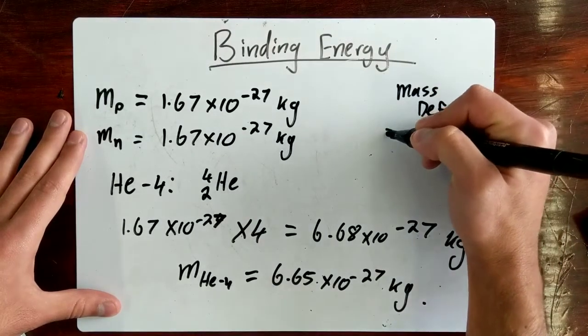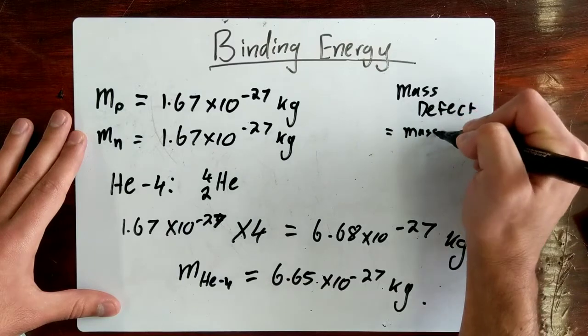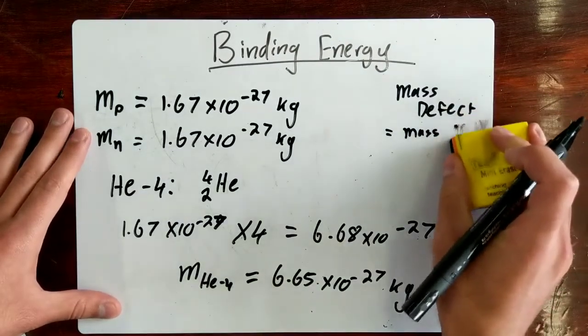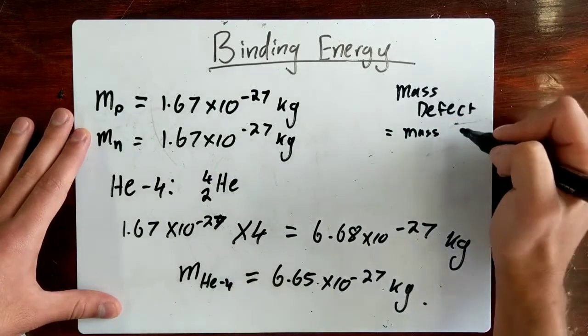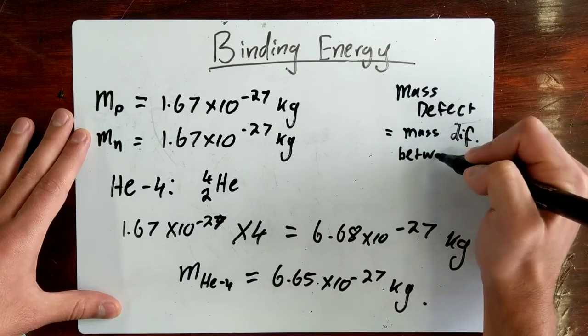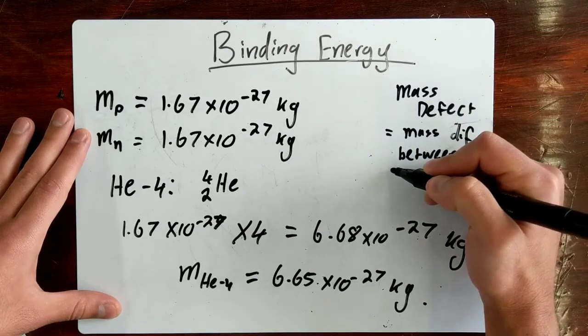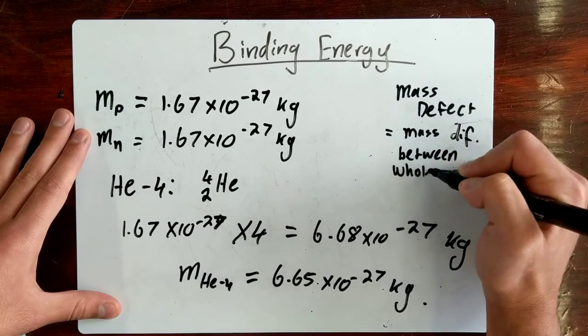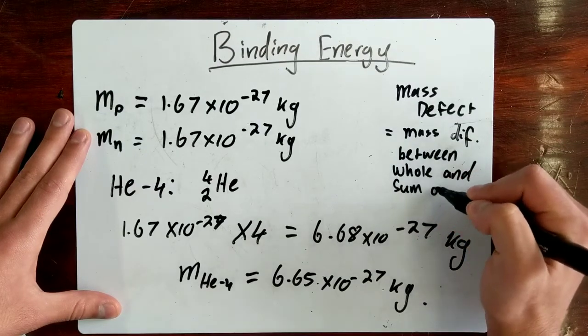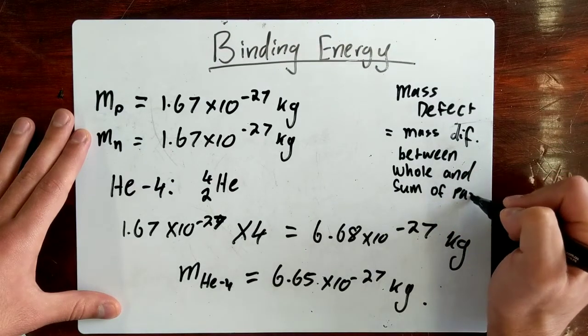So let's write that down. Mass defect is the mass lost, or let's write it as the mass difference between the whole and the sum of the parts.